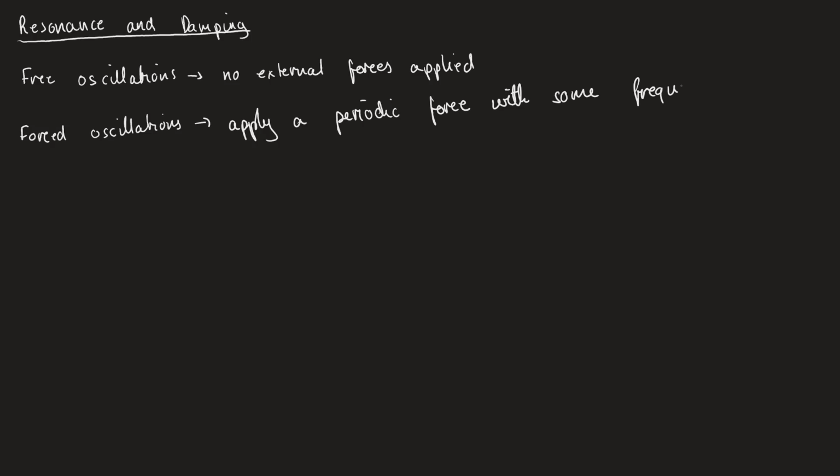What I mean by this is, if it is periodic, the same way that the motion of the pendulum and the mass spring system is periodic because it will continue to have the same time period, we're going to apply a certain force at a certain time with a certain frequency. So we might do it once per second at the same time.